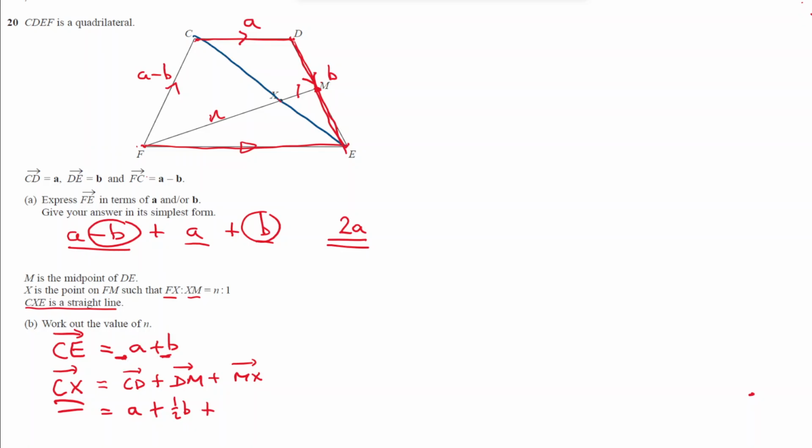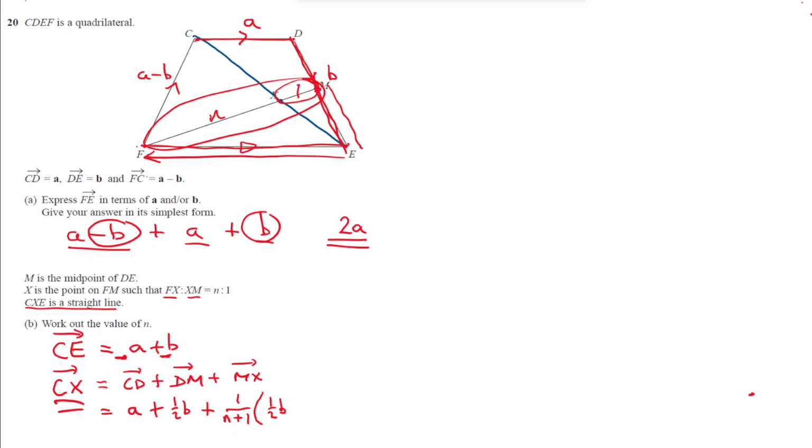Well, what fraction would it be? Well, it would be 1 part out of n plus 1 parts of MF. Now MF is going to be ME, which is another half B, and then EF.